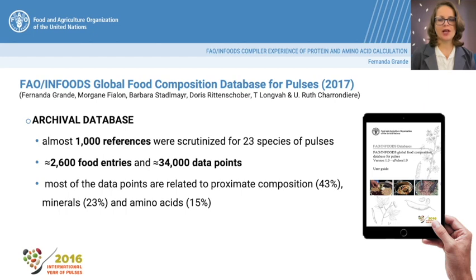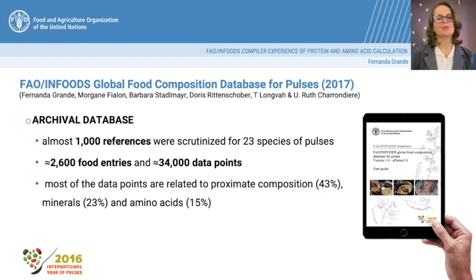References with the required information were compiled, resulting in an archival database with approximately 2,600 food entries and about 34,000 data points. These data were the basis for the data aggregation and preparation of the final user database.